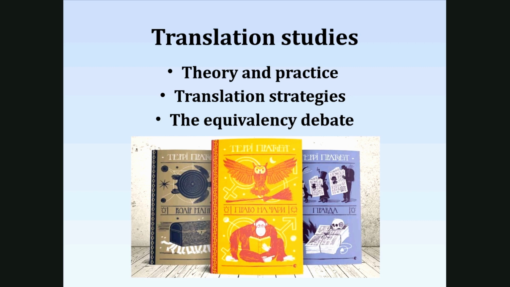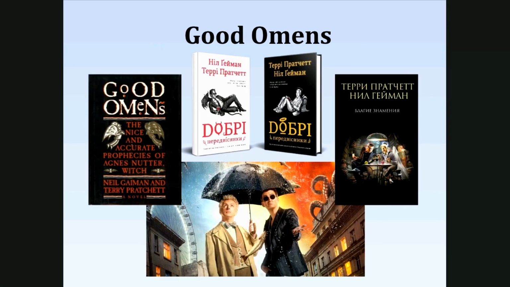Here, I engage Terry Pratchett and Neil Gaiman's work as a case study. So I take for this Good Omens. I've been using it for several reasons. First of all, I find it extremely entertaining, and ever since the series came out, also very popular. 2020, well, the apocalyptic year, sounds so topical.